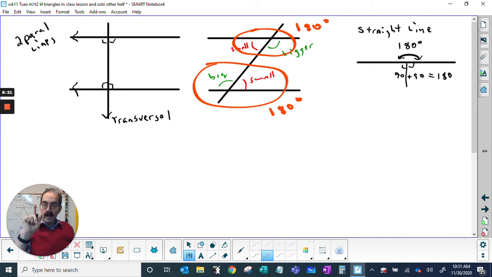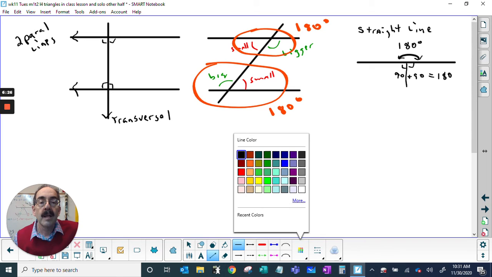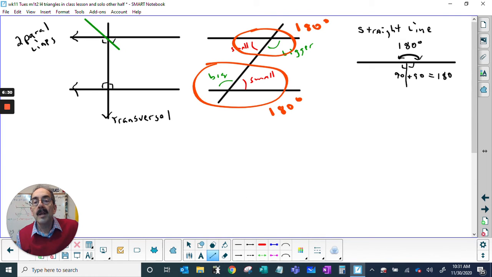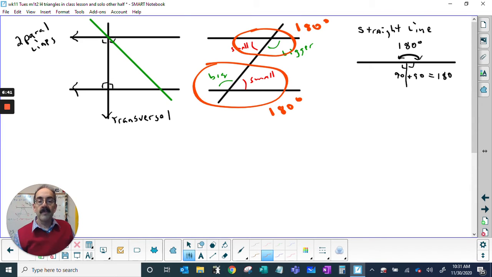Now, I asked you to cut with a 45, and that 45 created 180 degrees.